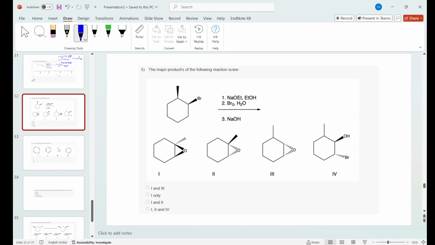Major product of the following reaction is with sodium ethoxide. Okay, so it has to form an epoxide.